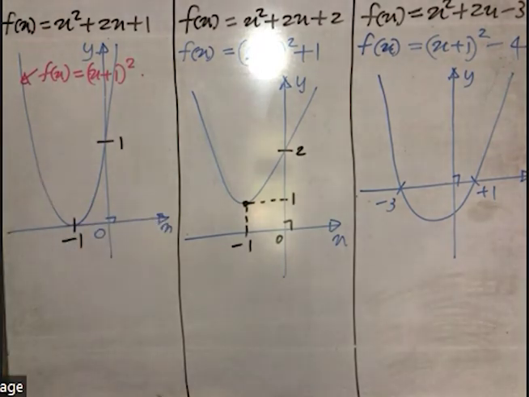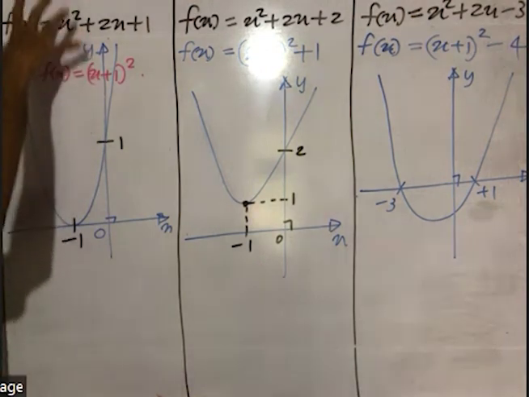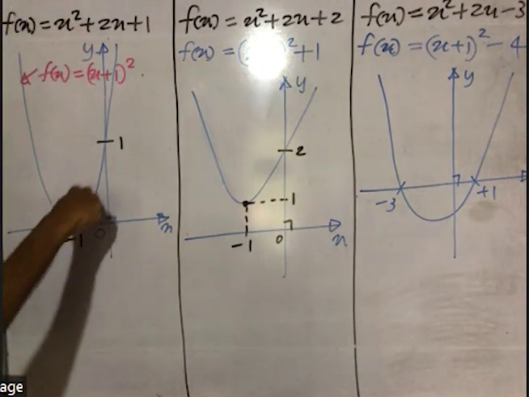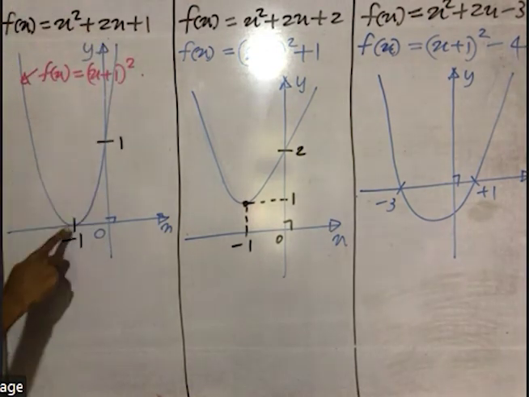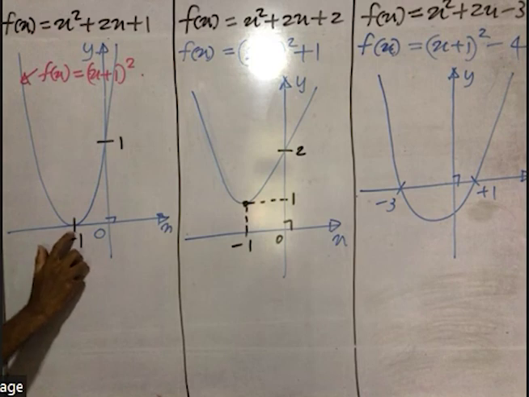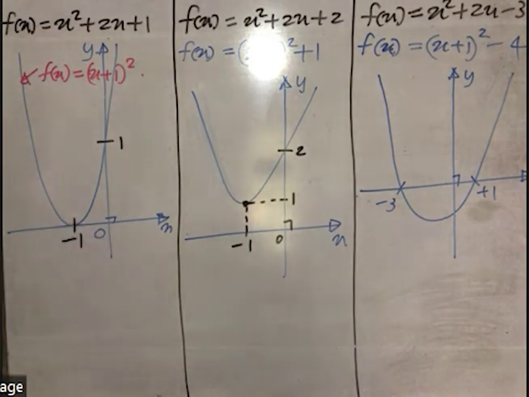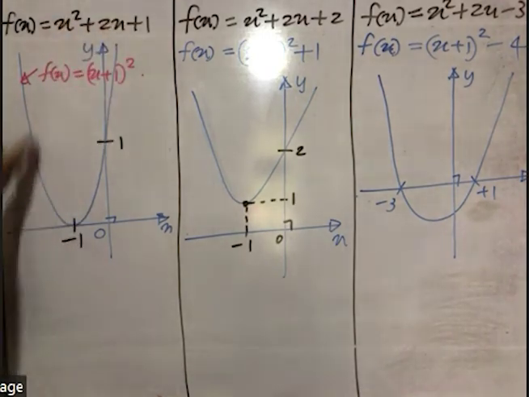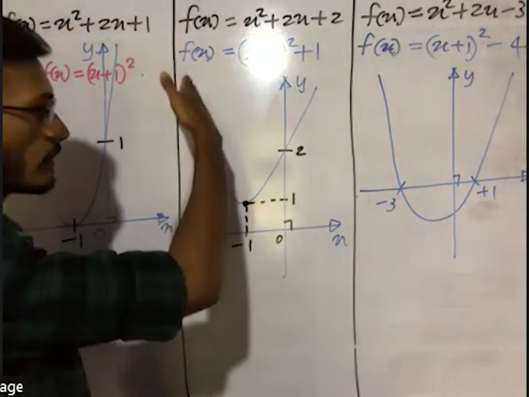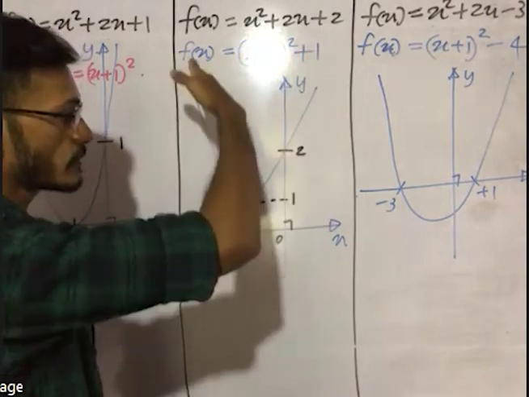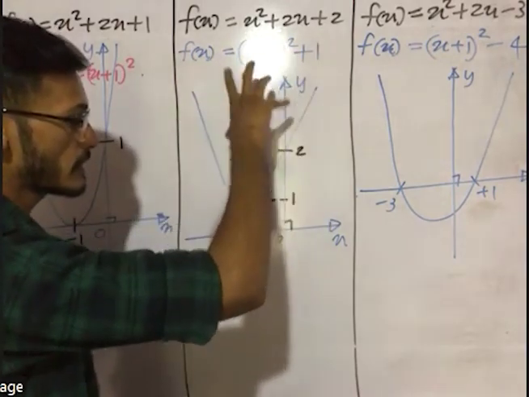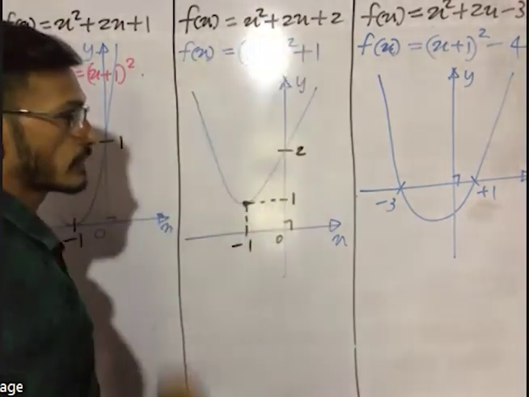So this function will touch the x-axis only once. And the function is positive. Only one value will become 0, when x equal to minus 1. Other values are positive. Here, all the values of this graph are positive. The whole graph is on the positive side.